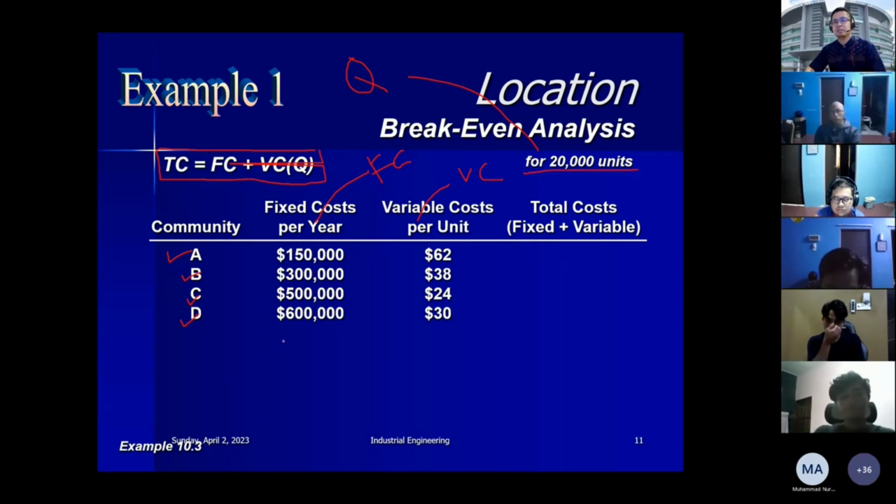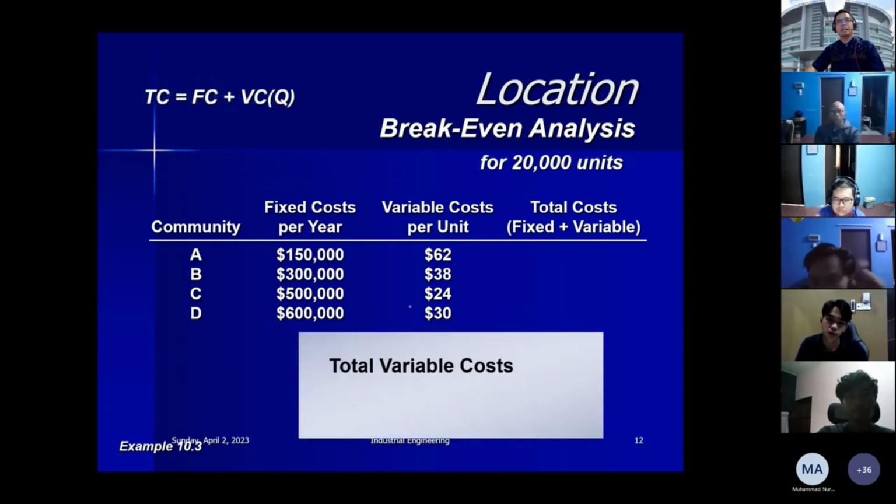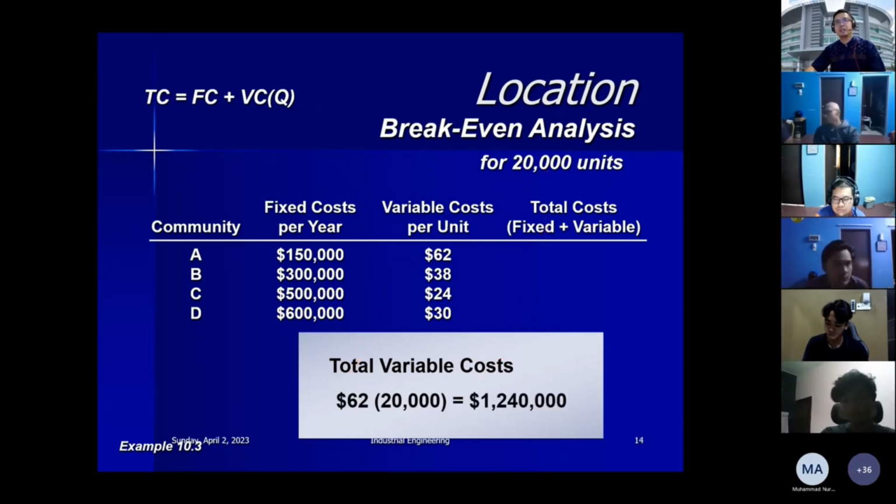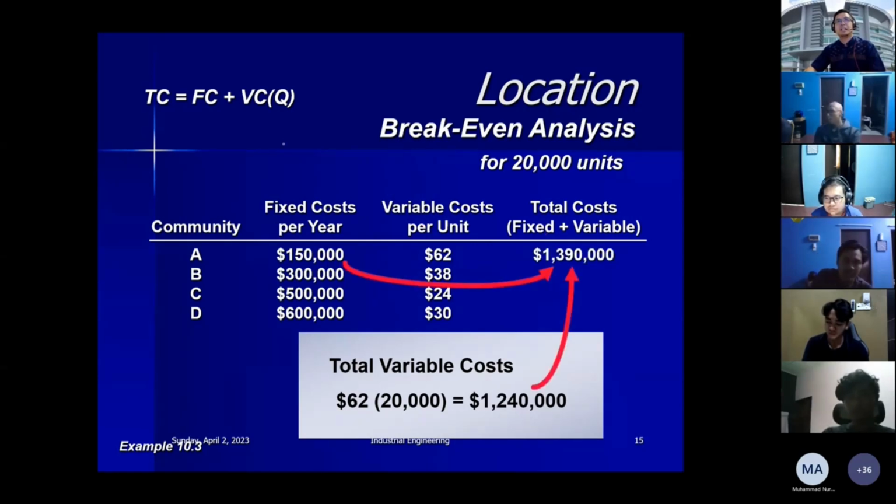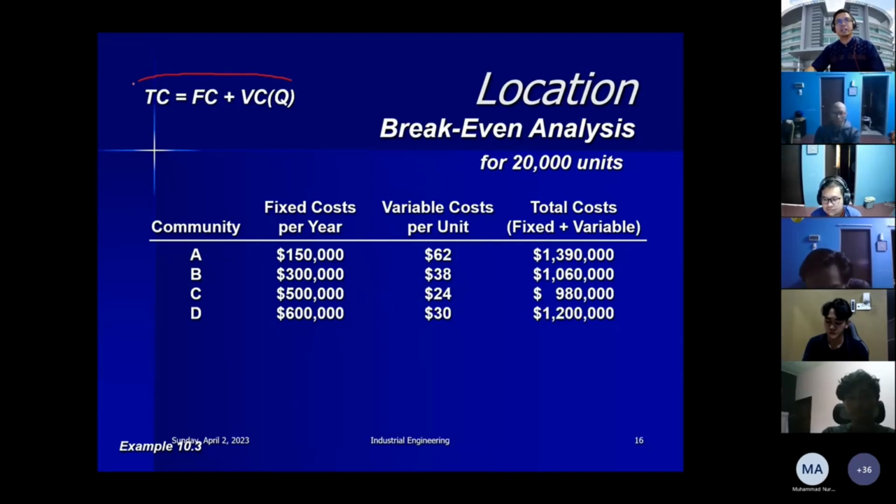The question is going to be like that. When you calculate the total cost, focus on these things first, the fixed plus variable. Please put them into this formula to calculate the total cost. Please double check, take out your calculator.